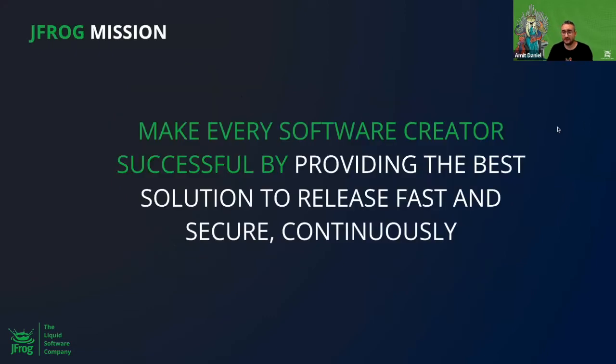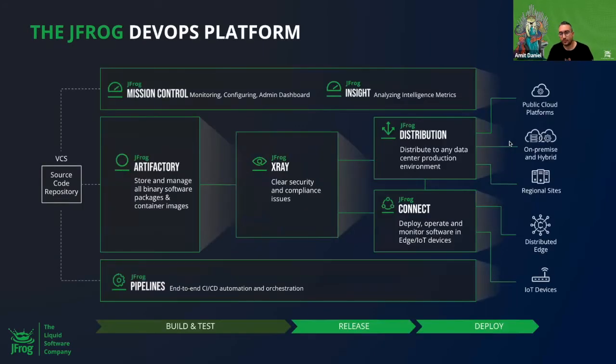Before we jump into the meat of the presentation, I just wanted to do a super short introduction to JFrog for those that are not familiar with us. Our mission is to make every software creator successful by providing the best solution for fast and secure continuous releases. We do that with the JFrog DevOps platform, which includes the different applications you see here.